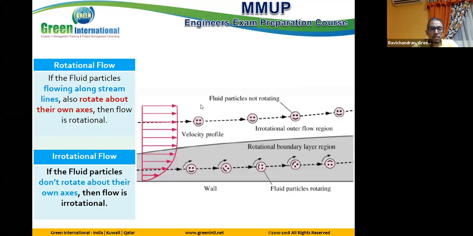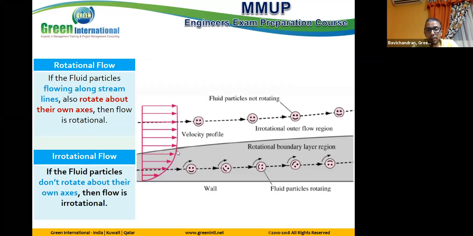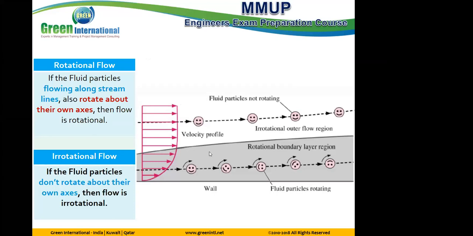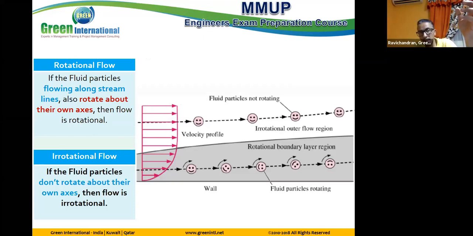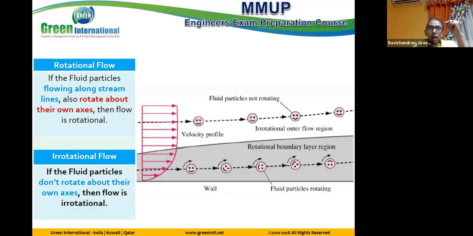Here, the last one: rotational and irrotational flow. The flow is moving like this. Whether the motion is straight or not, that is not what determines whether the flow is rotational. How can I describe that? When you study the particle itself.